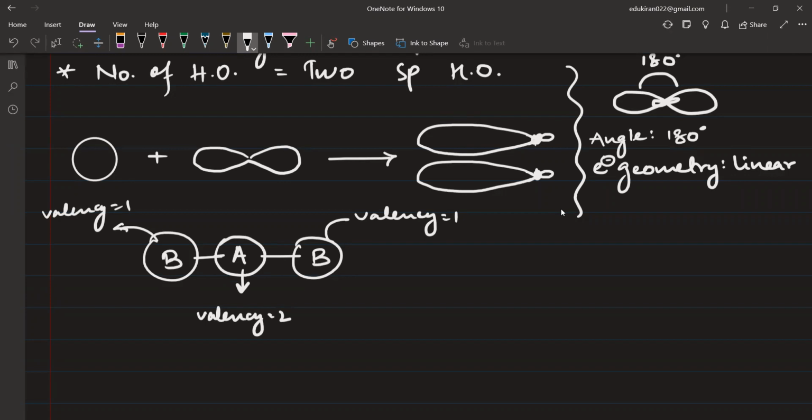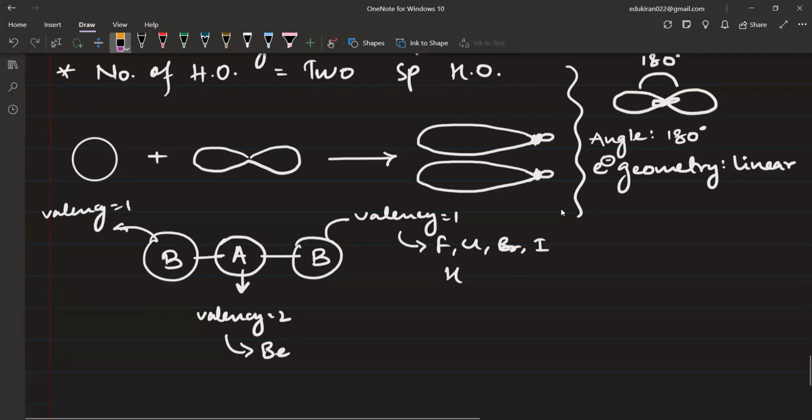For example, for valency 1, what do you have? Fluorine, chlorine, bromine, iodine, hydrogen. All of these are having valency 1. For valency 2, you can have beryllium, right? Beryllium is the most common because other elements are going to show more ionic property. If you have valency 2, that means we are mostly talking about group second.